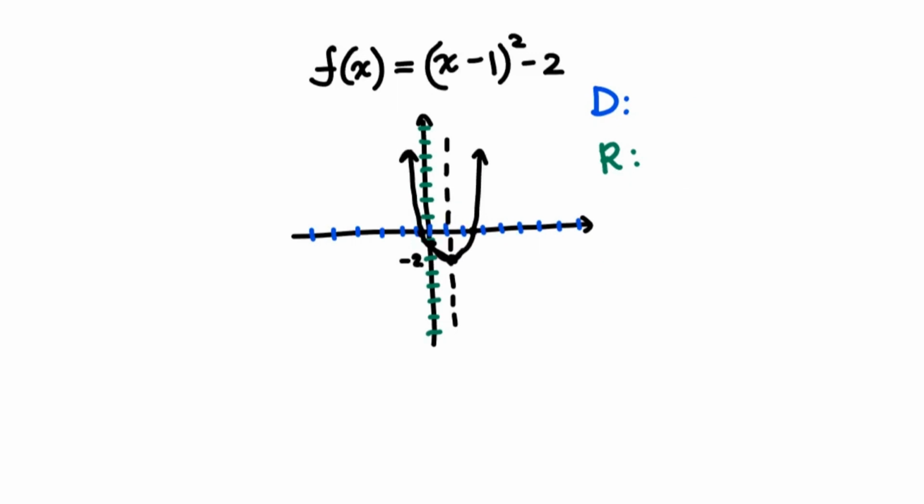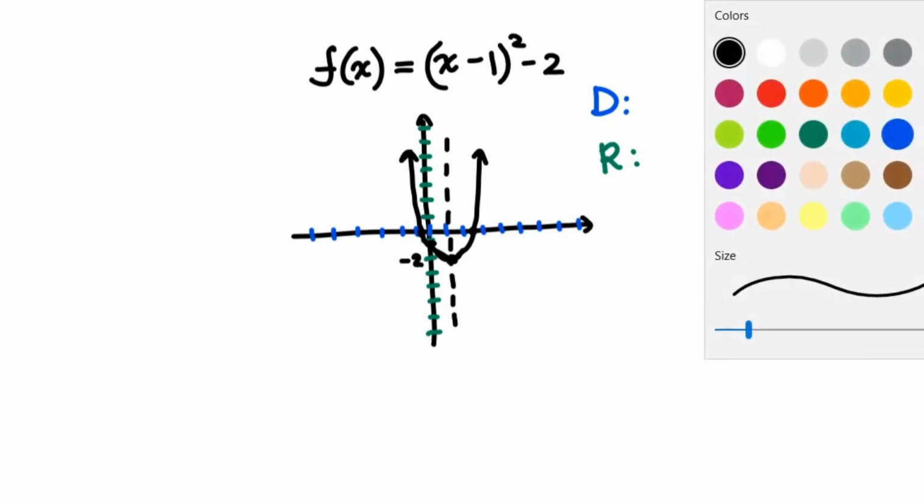Now let's look at the following function. This is a quadratic function with a vertex at (1, -2). Let's state the domain and range for the following function. If I extended this function from left to right, it would go on indefinitely, continuously, without any breaks or restrictions.